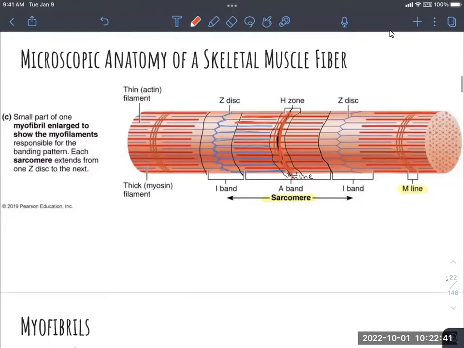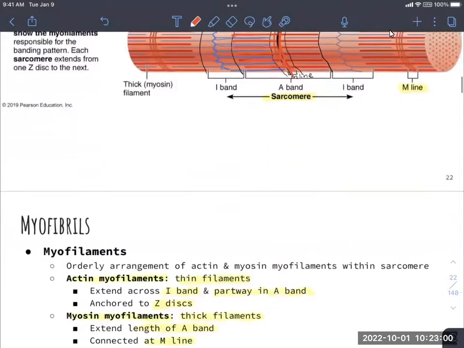These thick lines here are your myosin filaments. They are the thick filaments. These are part of what allows our muscles to contract.